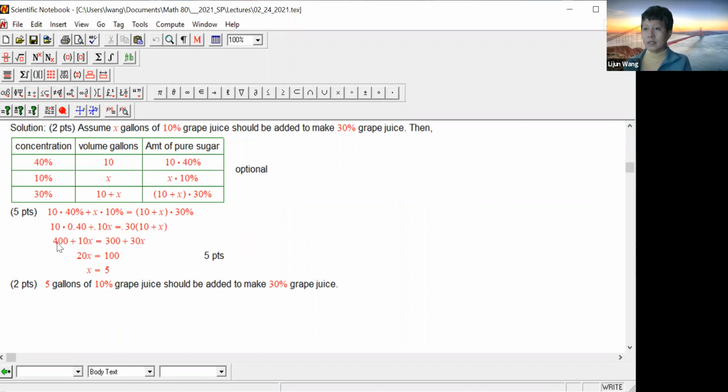And of course this will become 10, this will become 4, and this is 0.1, and this is going to be 3, and this is going to be 0.3. So 0.2. Wait, let's see. 0.2, yeah, 0.2x equals 1. So x equals 5 as well. So this is a decimal version of your work. Is that clear, everybody?